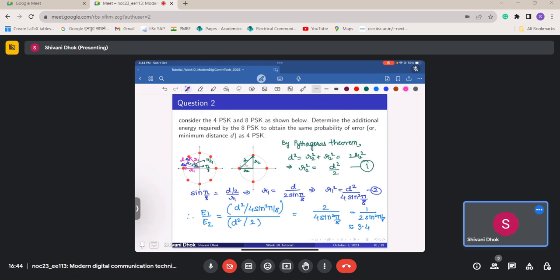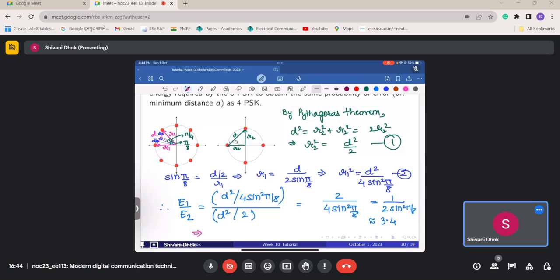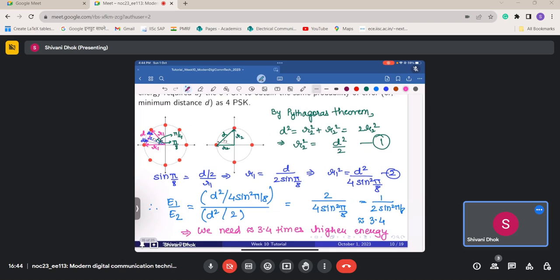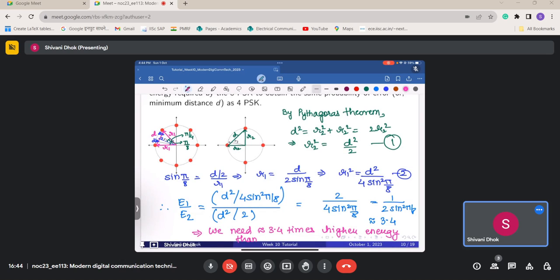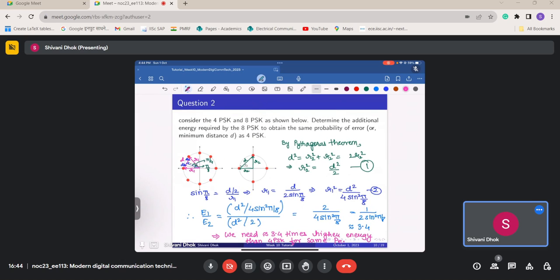Okay, so this means that we need approximately 3.4 times higher energy than 4 PSK for the same probability of error or the same minimum Euclidean distance. Any questions?